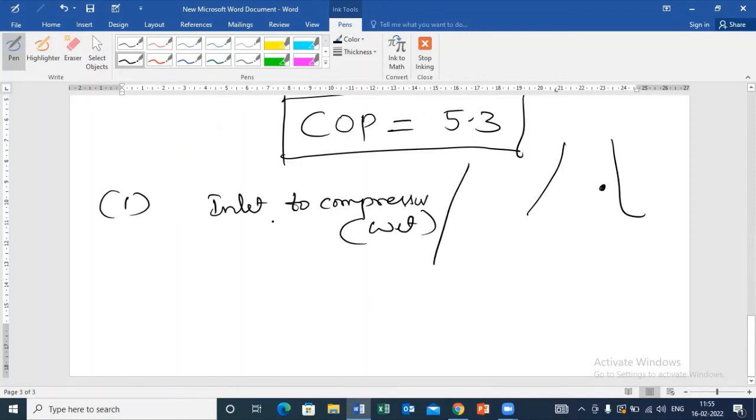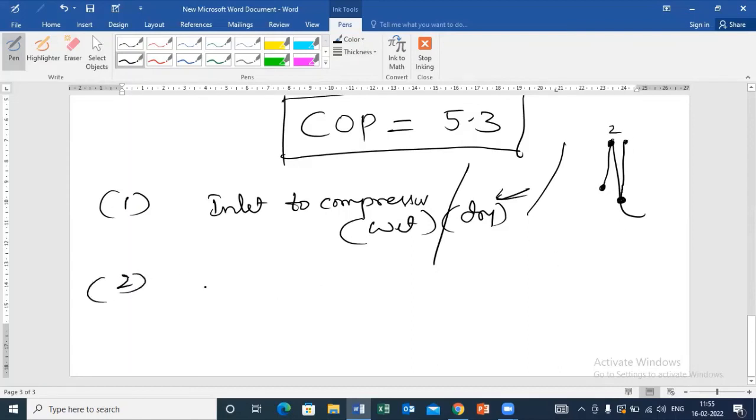Sometimes the inlet to the compressor is given as dry. In that case, point number 1, the inlet point, should be on the vapor line. After that, you draw one vertical line. For the first case, it will touch the vapor line. For the second case, when it is dry, it will go towards the right side. Point number 2 will be somewhere here.